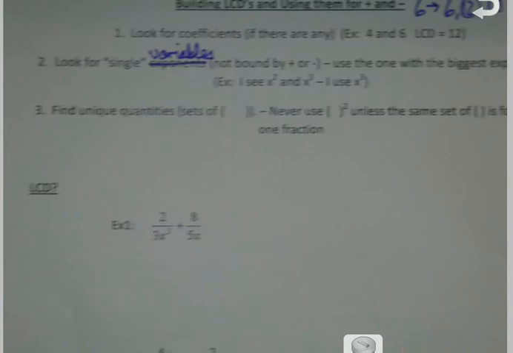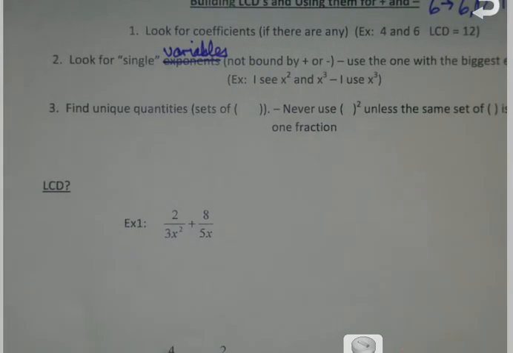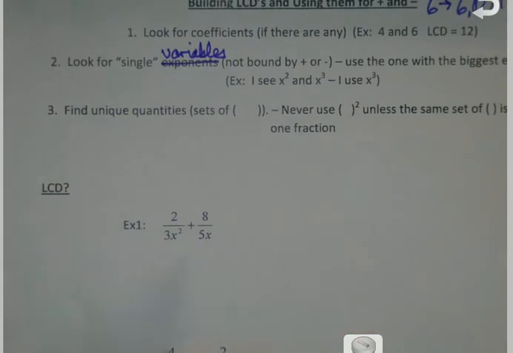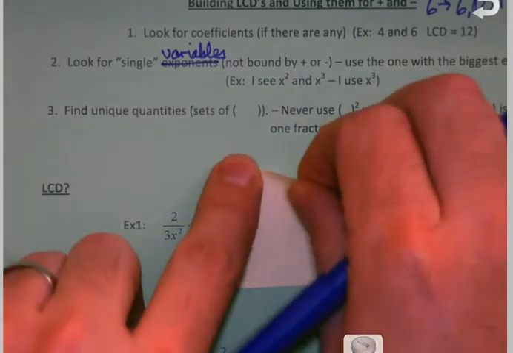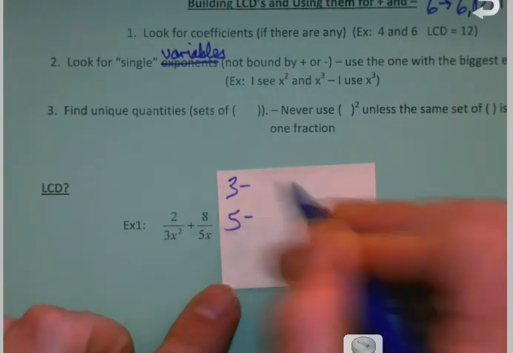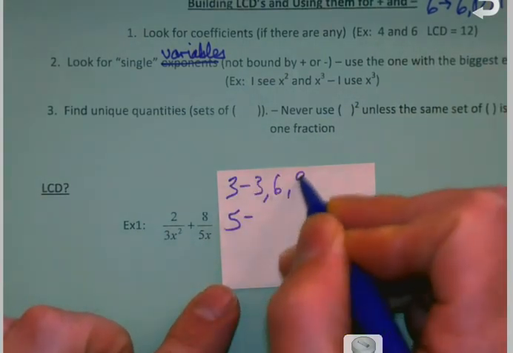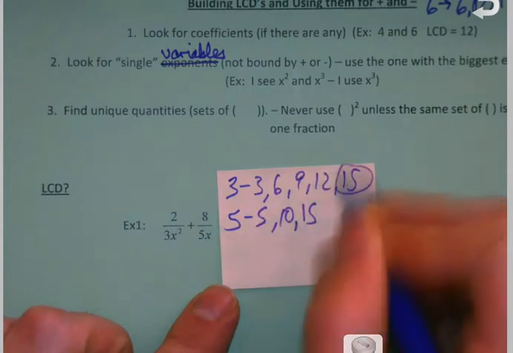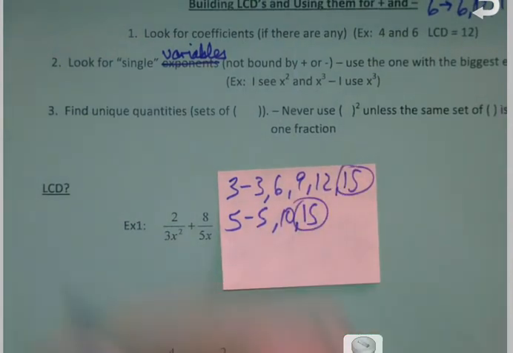So okay, first one. We're not even going to worry about building yet. We're just worrying about the LCD. So I worked down my checklist. Coefficients. I got 3 and 5. What number would be part of my common denominator in this case? Now again, if you don't know off the top of your head, you can write down 3 and 5 and start jotting some numbers down until you find something that's the same in both, that's fine.